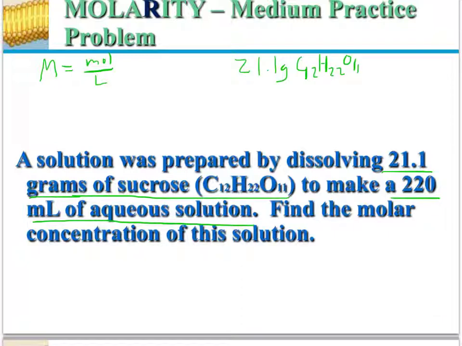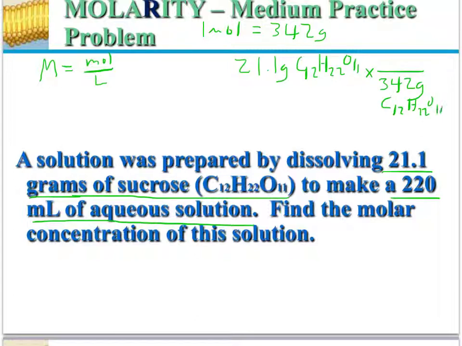So in order to find out how many moles of sucrose we're dealing with, we need to use a conversion factor. If you add up the 12 carbons, the 22 hydrogens, and the 11 oxygens, I figured out that 1 mole of sucrose is equal to 342 grams of sucrose. So using this conversion factor, I can multiply what we have, 21.1 grams, by 1 mole of sucrose on top and 342 grams of sucrose on the bottom.